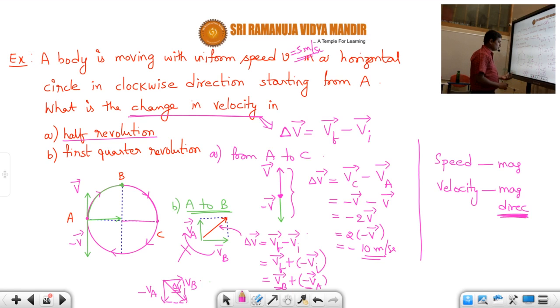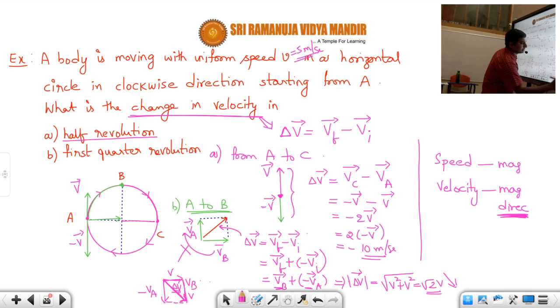I hope, students, you understood. These two are of the same magnitude, students. Wherever it is moving in a horizontal circle, the magnitude remains constant. So here you have to calculate the resultant, students. This is V, this is also V. So if you want to calculate the magnitude of the change in velocity, that is nothing but root over V square plus V square, that is equal to root 2 V along this direction.